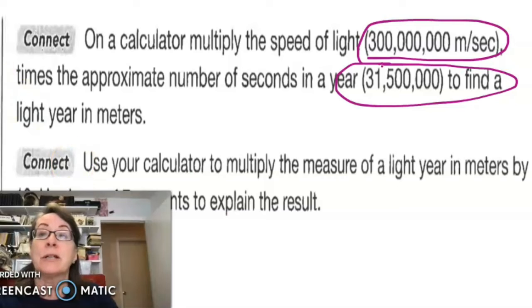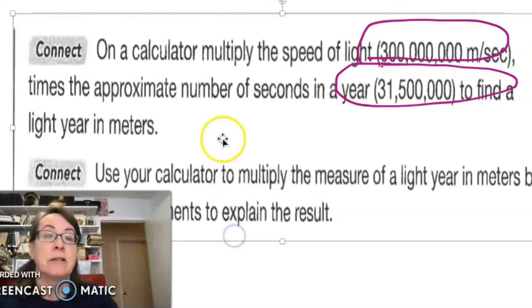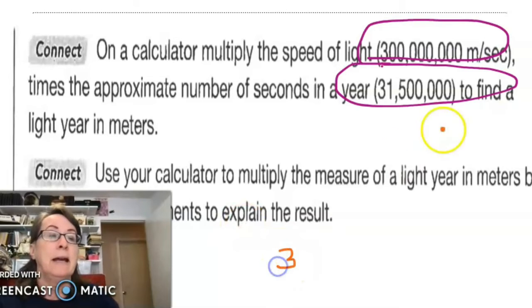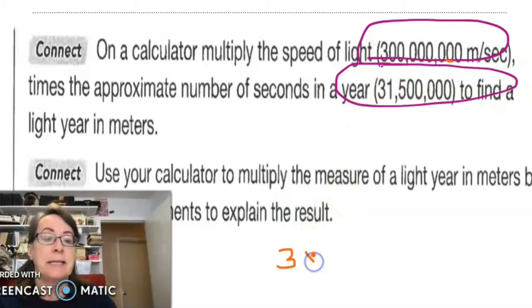Let's first write the first number in scientific notation. 1, 2, 3, 4, 5, 6, 7, 8, so 3 times 10 to the 8th. And now we're going to multiply times the second number.